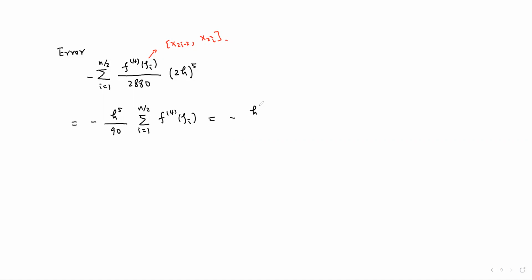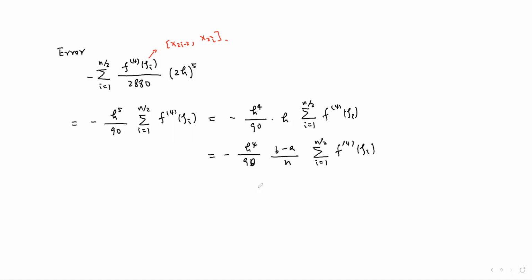Recall that h is b minus a over n. Then the sum, there are n over 2 terms.